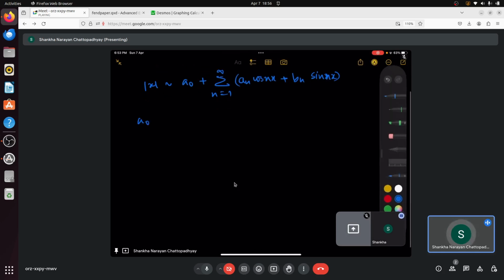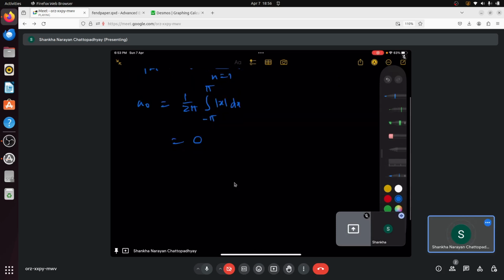Now first we need to determine a0. The formula is 1 by 2 pi, the integral from minus pi to pi of mod x dx. Now since mod x is an even function, the integral vanishes.